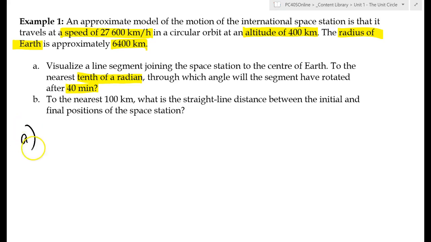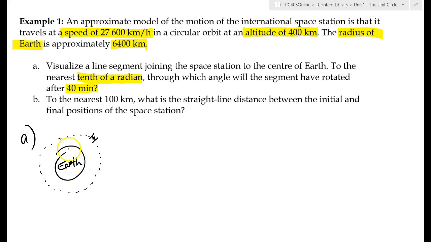So I like pictures, just personally. This is Earth. And this is my space station. And it's traveling in a circular pattern. Work with me here, imagining it.